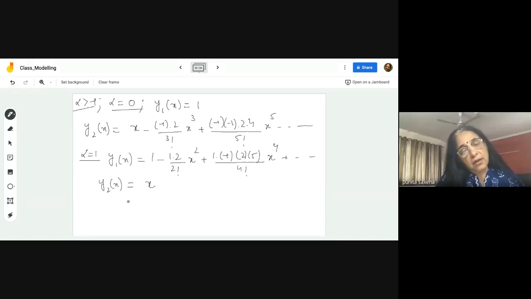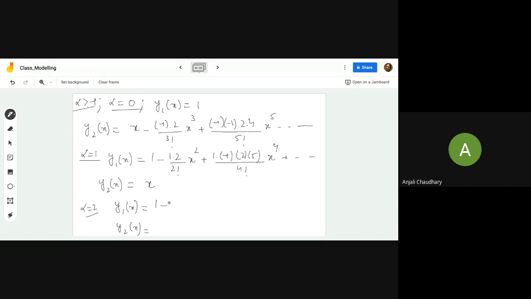Now see, for alpha equal to 2, what happens to y1(x) and y2(x)? y1(x) is 1 minus 2 into 3/2! x^2.